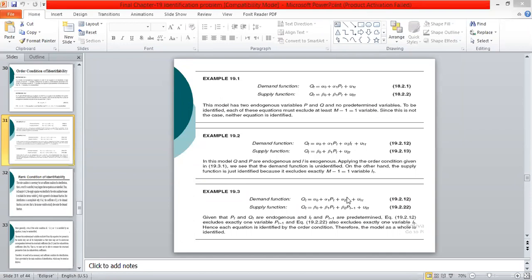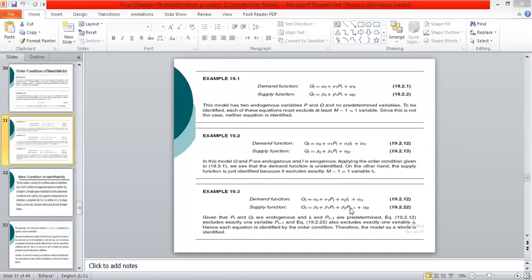One is IT and the other is ET minus 1. We have two predetermined variables in the model. So capital M equal to 2, capital K equal to 2. So look at the first equation, that is the demand function. We have to check its identification, whether it is identified or not.